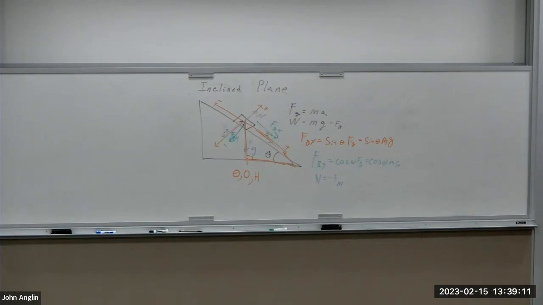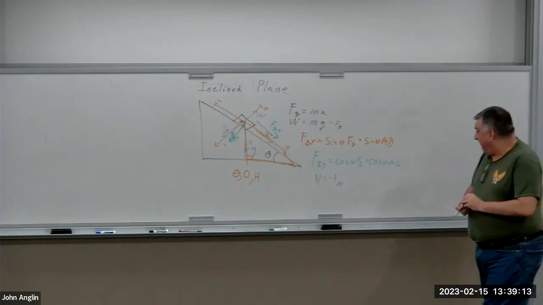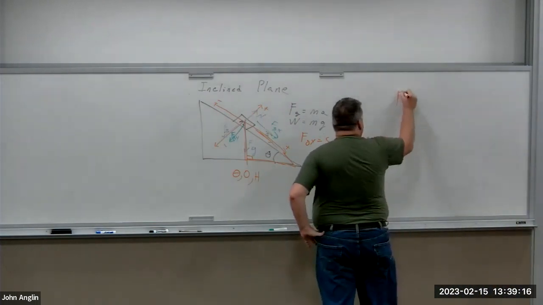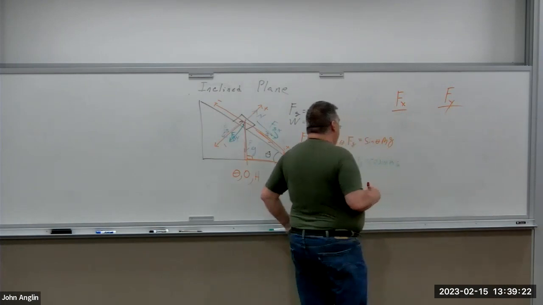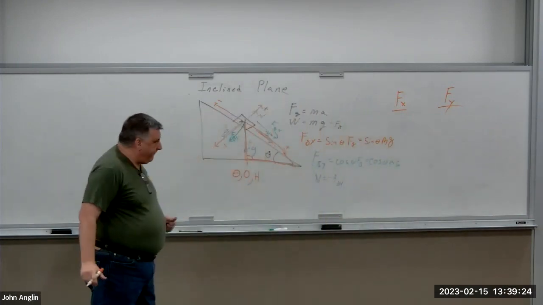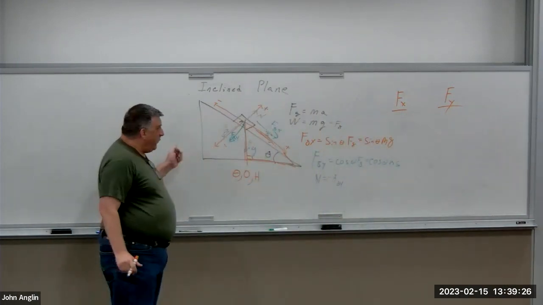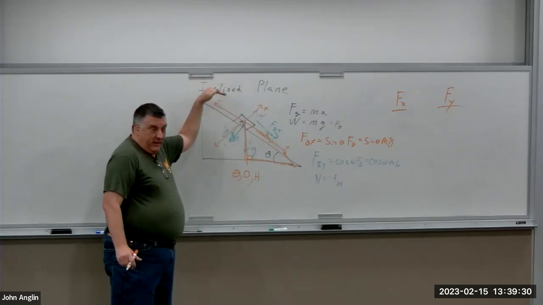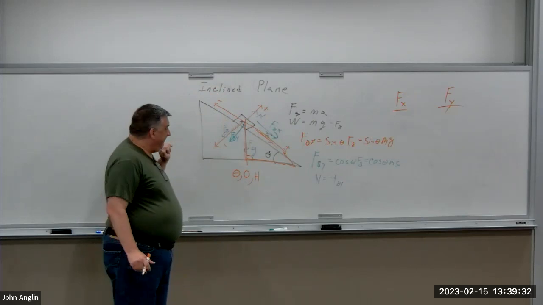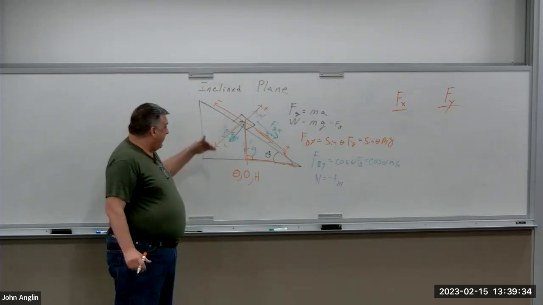So now we can make our table. Our F of X and our F of Y. Remember, we've labeled X and Y in line with our motion. So let's just start with the X direction.